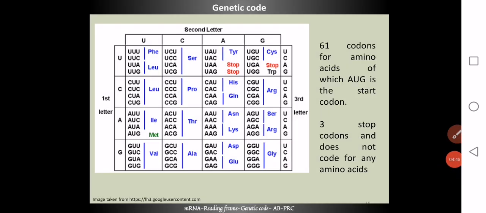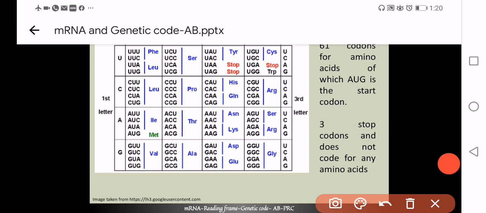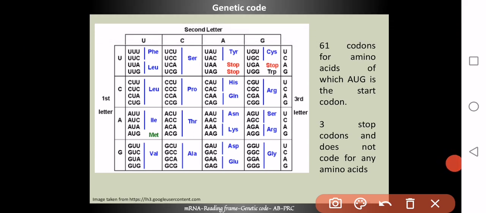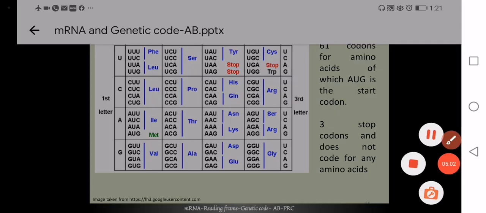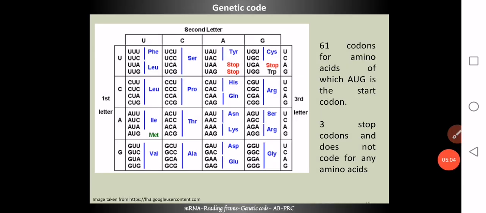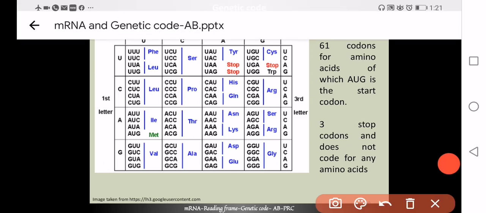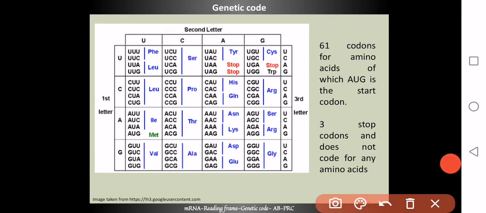It will be quite interesting to understand how they found that each codon codes for a particular amino acid. For that, they used a controlled translation experiment. In this controlled translation experiment, they provided all the required materials for translation to a translating system.